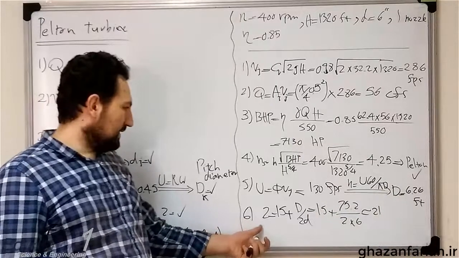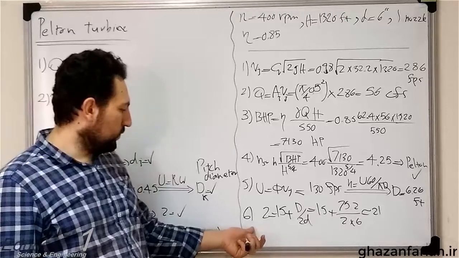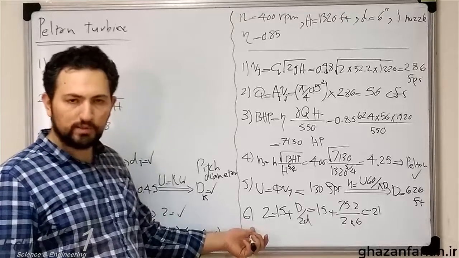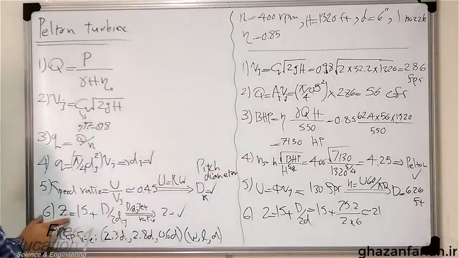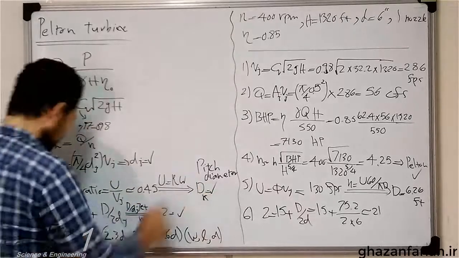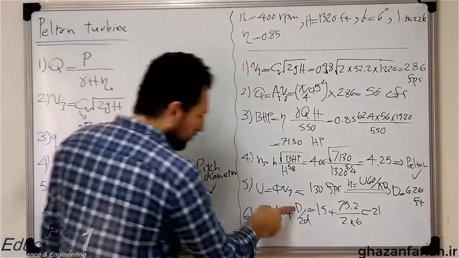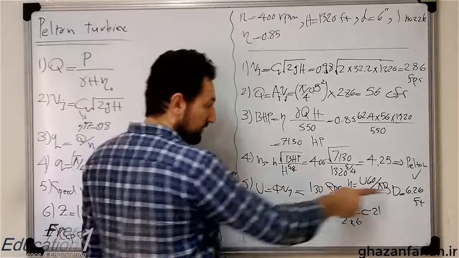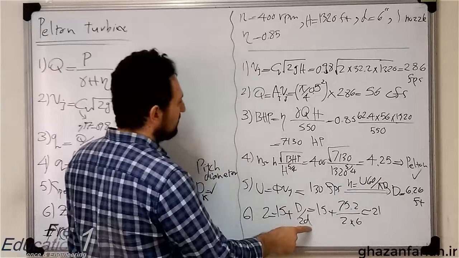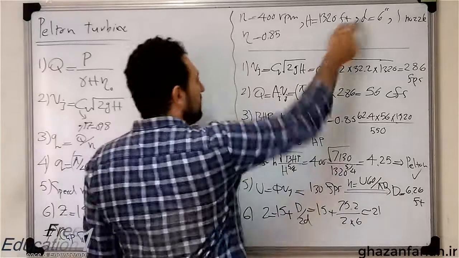And at the next step, I want to compute the number of buckets or the number of cups using this relation, 15 plus half of the diameter ratio. D, the runner diameter, is computed here, and the jet diameter is given.